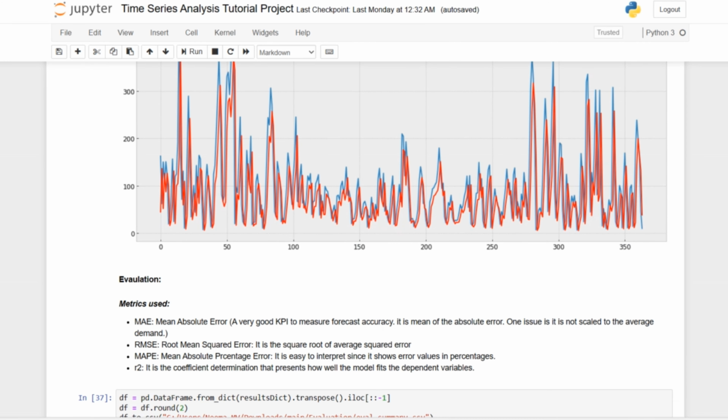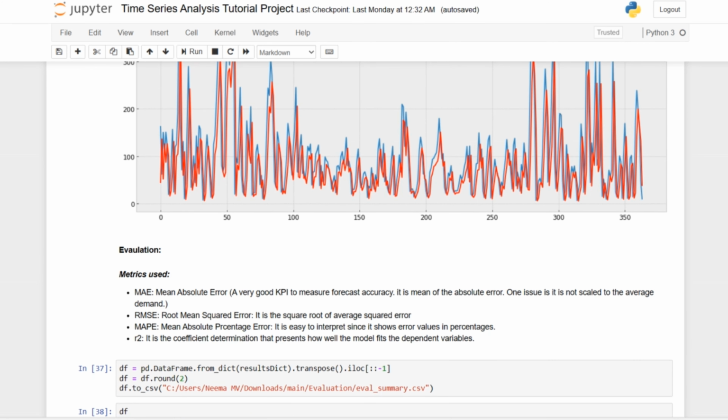For the evaluation, the metrics used are basically MAE, which is mean absolute error, RMSE, which is root mean squared error, MAPE, which is mean absolute percentage error, and R2, which is nothing but the coefficient of determination. MAE is a very good KPI for forecast accuracy, guys. It means the absolute error.